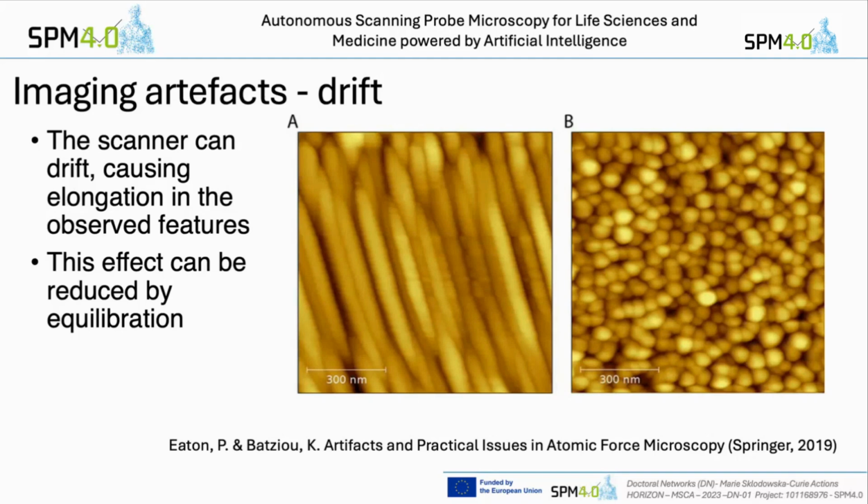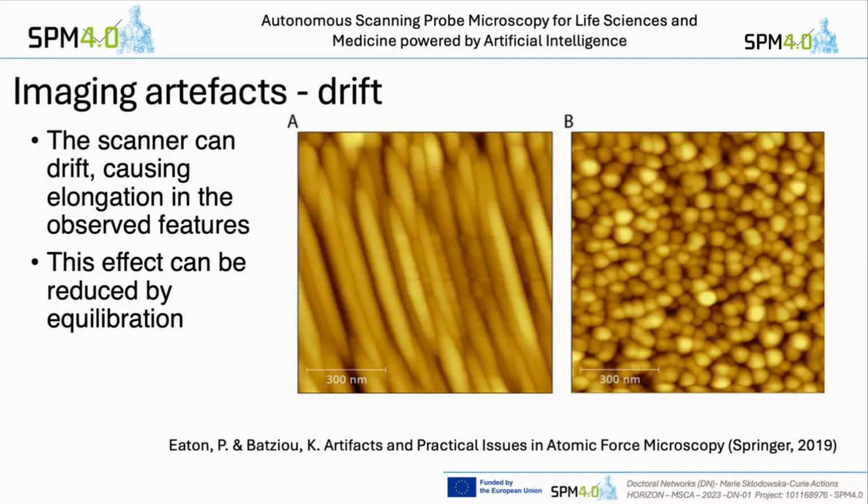Now, this is something you can only really compensate for by allowing your system to equilibrate, everything to settle before you start imaging, so that things aren't moving around as much. The important thing to be aware of here is that you need to think about what your sample should look like.